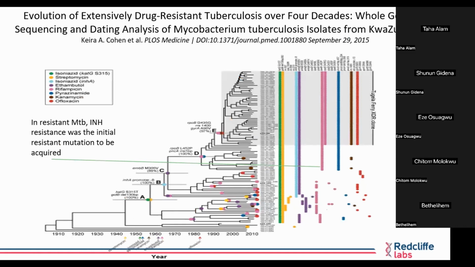Next generation sequencing from South Africa has indicated that INH resistance in tuberculosis is one of the first mutations to occur. As you know, all resistance in tuberculosis is a consequence of mutation in the target gene. And INH mutation is the first mutation that occurs.